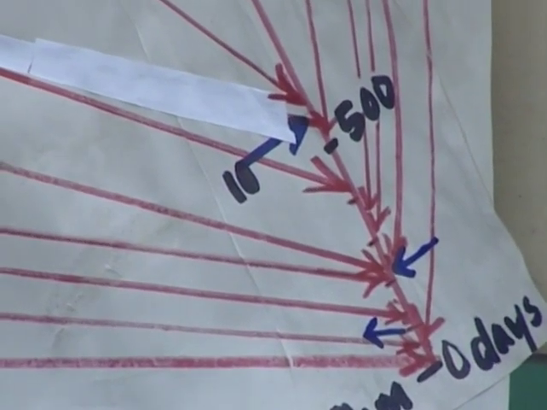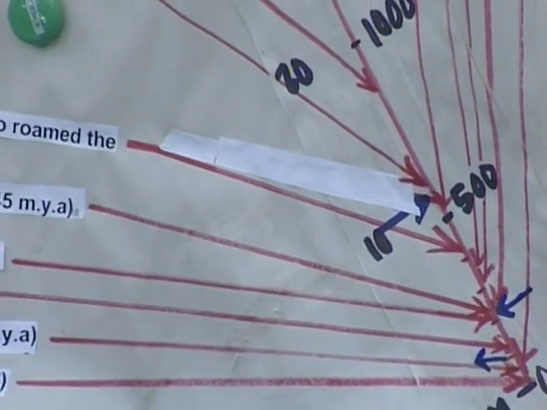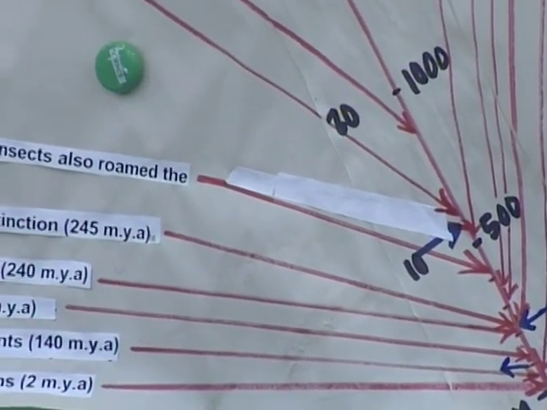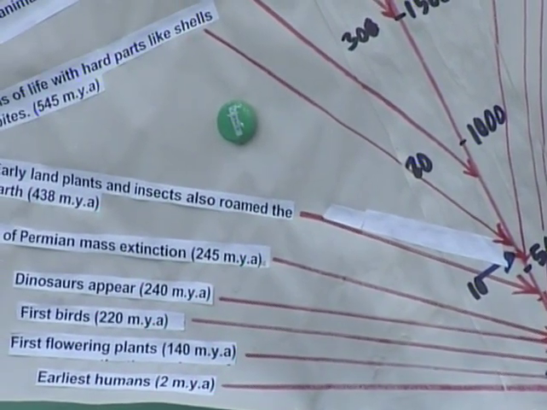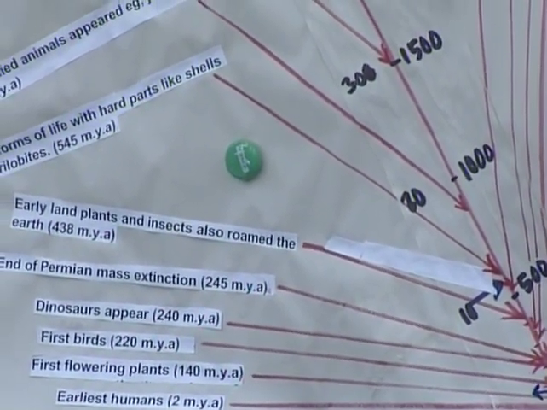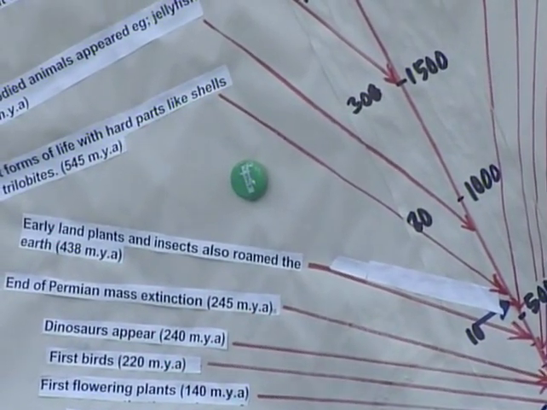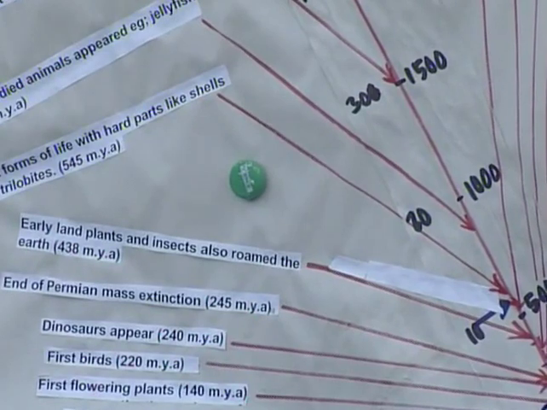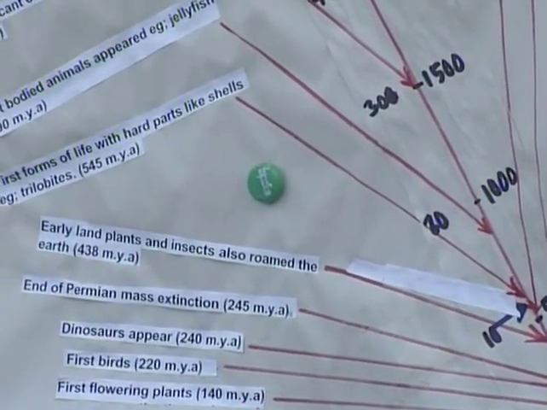Model class, you can discuss with the person sitting next to you, or in your groups. You can see that all the events on the timeline are almost together at one part compared to the time the earth was formed. So what can you say about that?